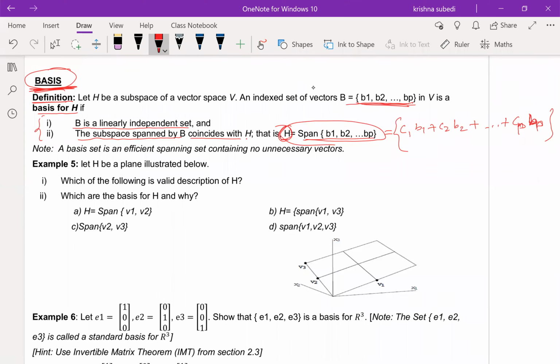All right, and there is a note. I want you to keep the note, okay? Keep in mind, a basis set is an efficient spanning set containing no unnecessary vectors. No unnecessary vectors.